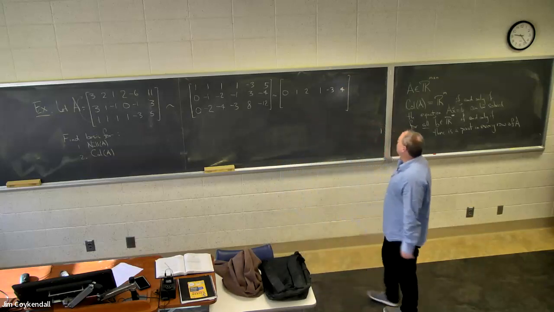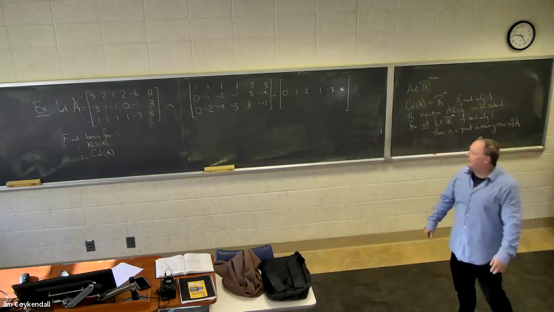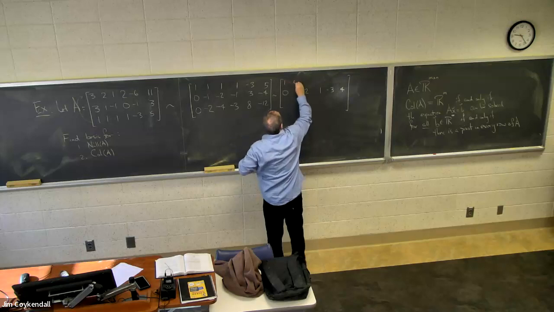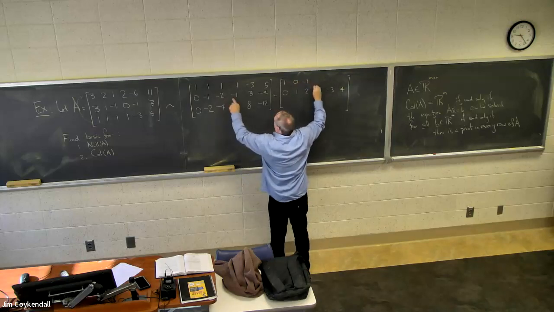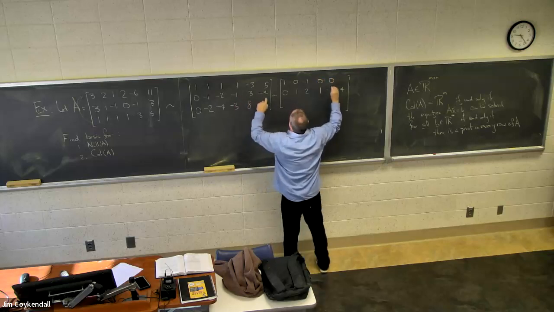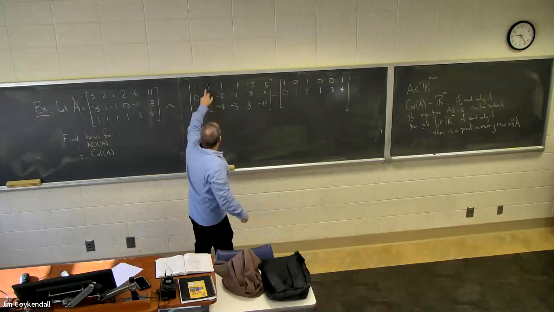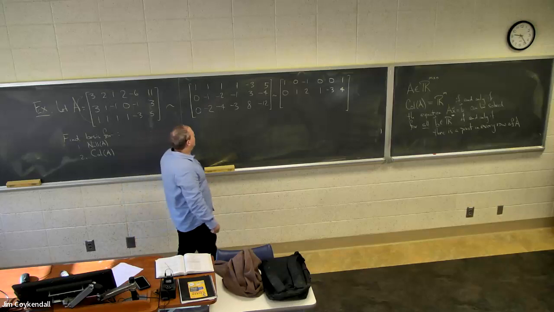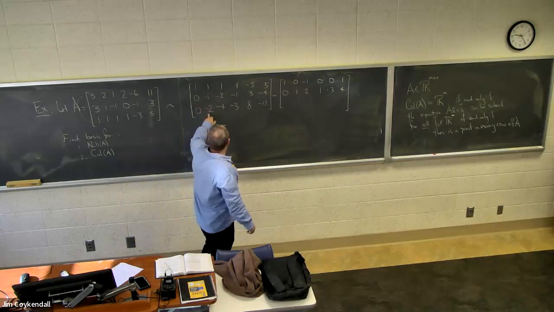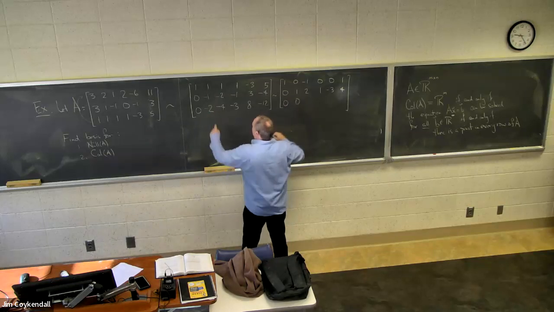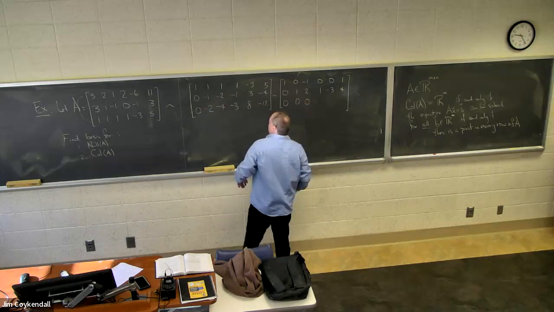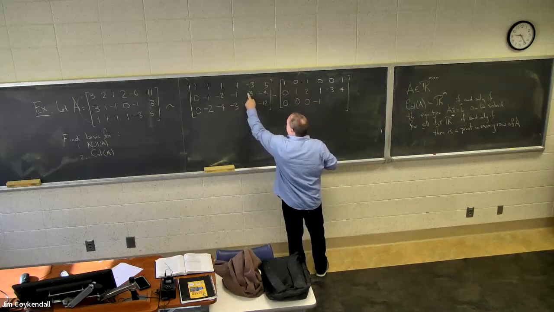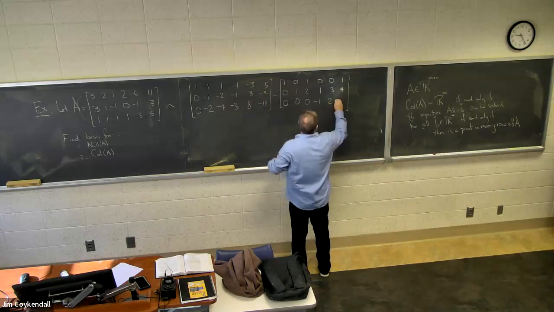Okay, the first thing I did is I just changed the sign of that middle row, right? Because ultimately I want a one there. What happens when I add this up here? I'm going to get 1, 0, -1, 0, 0, 1. And I'm going to multiply this by -2 and take this out. So it's going to be 0, 0, another 0, that's my lucky day, -1, -2, and -4.